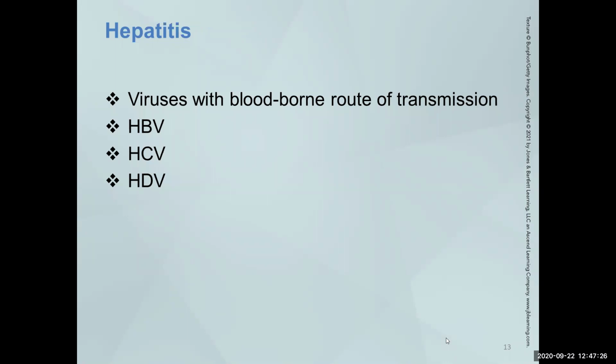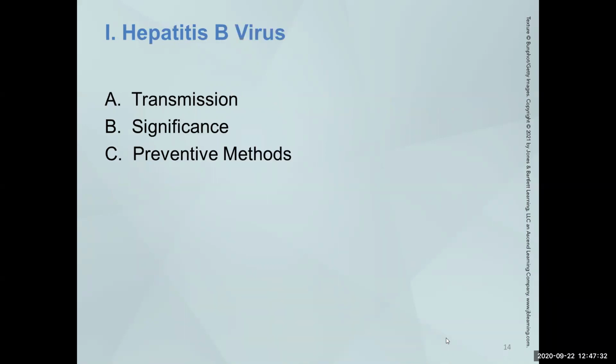There are a number of hepatitis viruses out there. So let's start talking about the most common one right now, and that's your Hep B, HBV, right? Viruses with blood-borne route, okay, contact with infected body fluids. So this is definitely a blood-borne transmission.